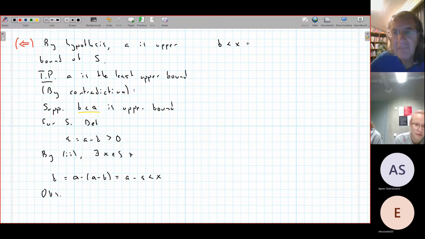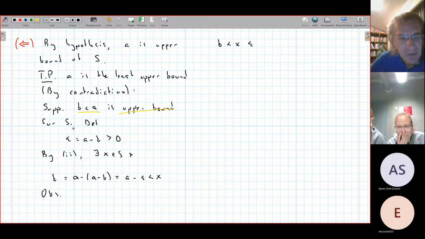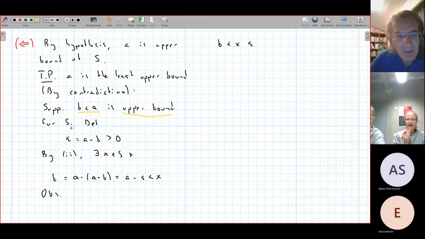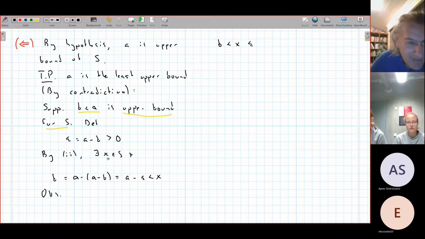But you supposed that B is an upper bound for S. Since it's an upper bound for S and x is in S, then x must be less than or equal to B. And this is a contradiction.